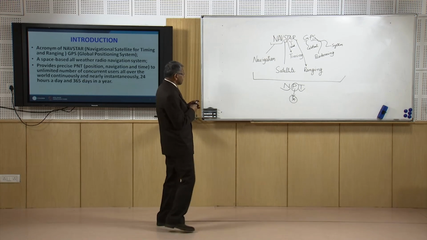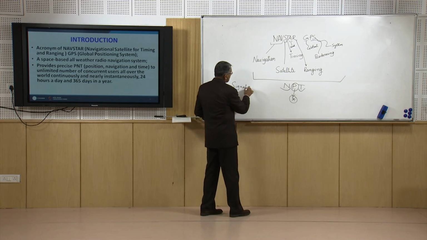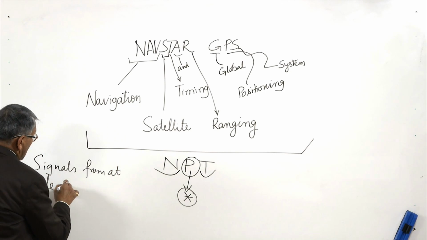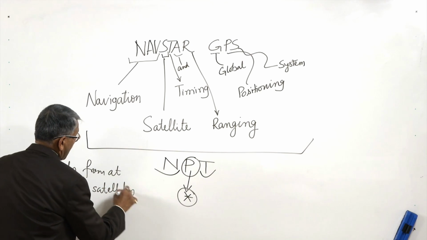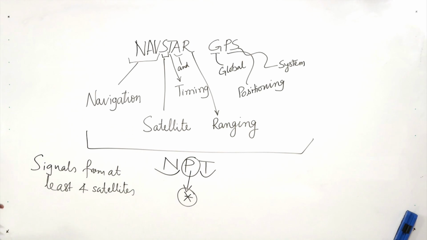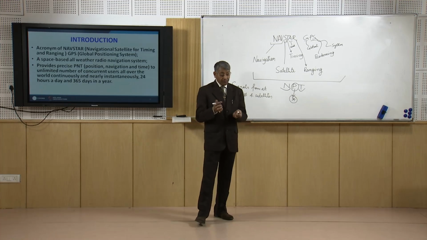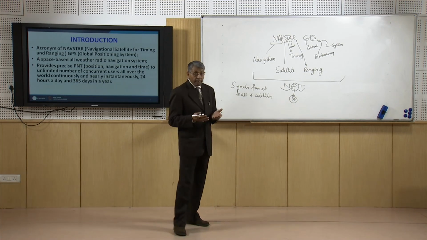So signals from at least 4 satellites are available at any location on the surface of the earth at any point of time, whether it is day or night, whether it is a sunny day, a winter or a rainy day.